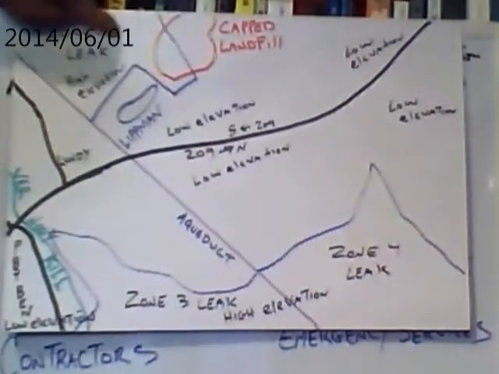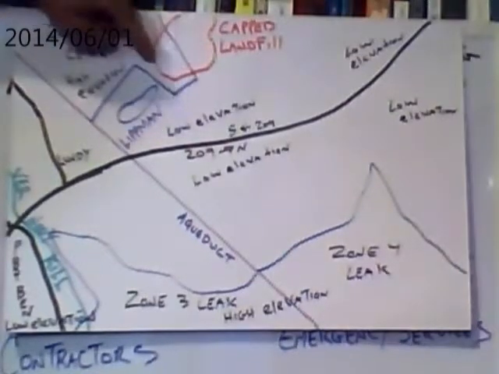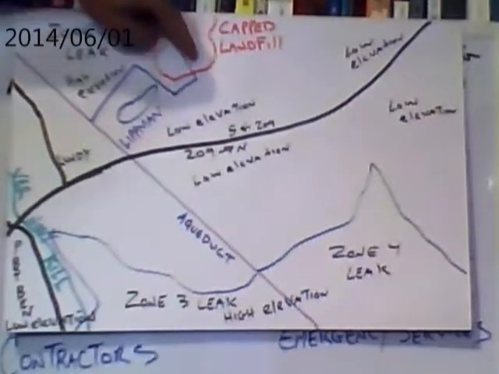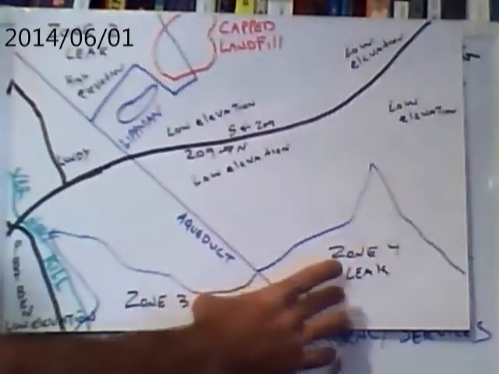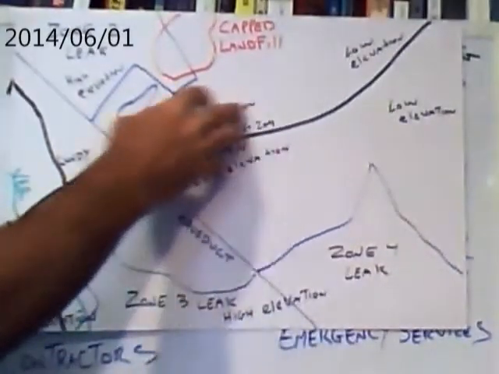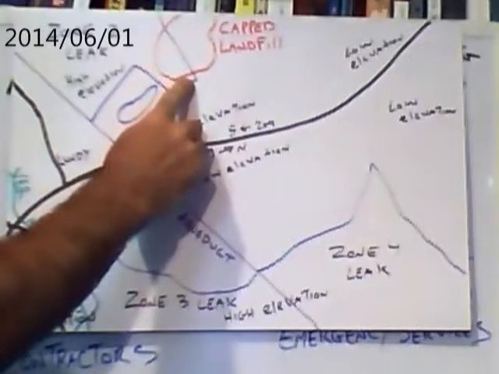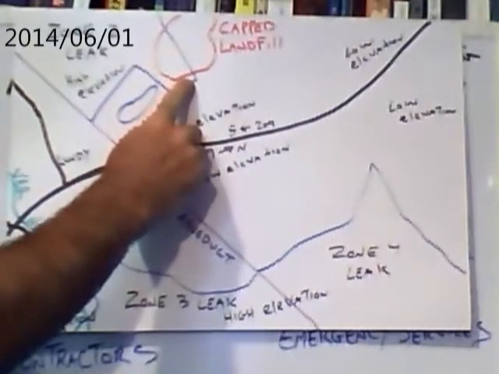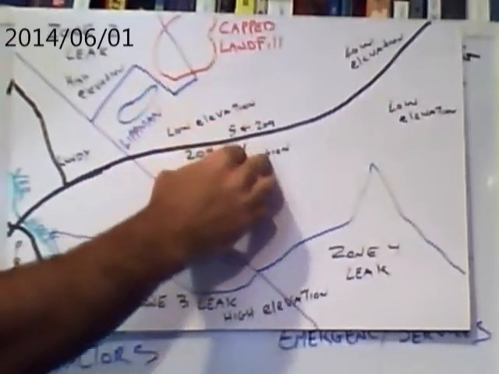As you see, the zone 2 leak cuts through the cap landfill at a higher elevation, and things leach out of the cap landfill into the low elevations. And the water leak in the higher elevations leaches down into the lower elevations. So whatever's capped, leaching through here: arsenic, barium, beryllium, chromium, cadmium, thallium, uranium, and nitrogen leaches through in here.